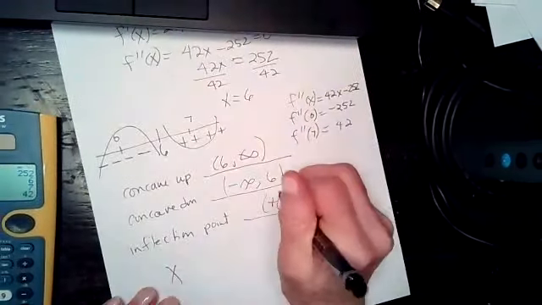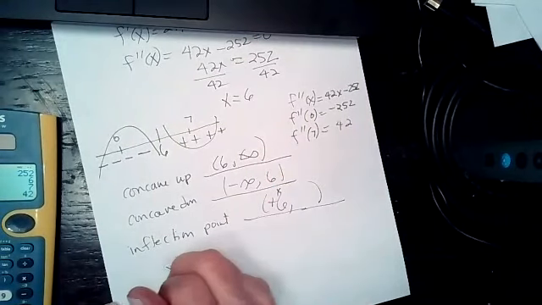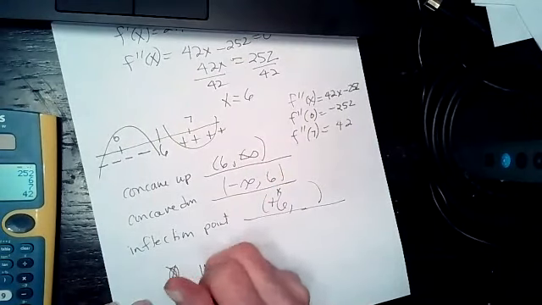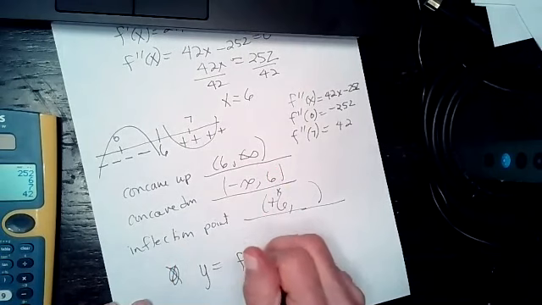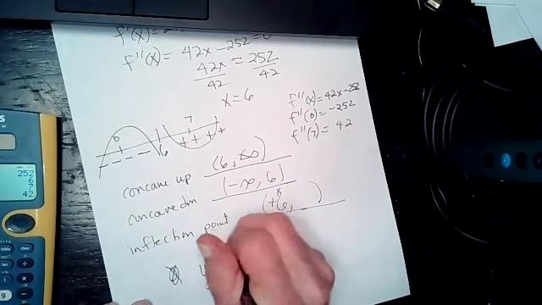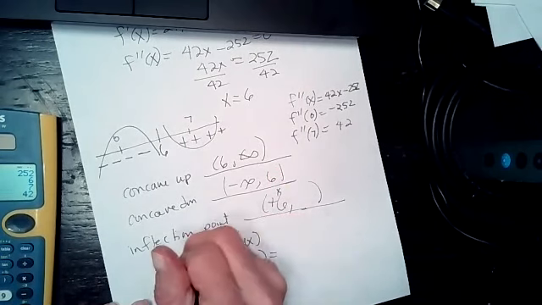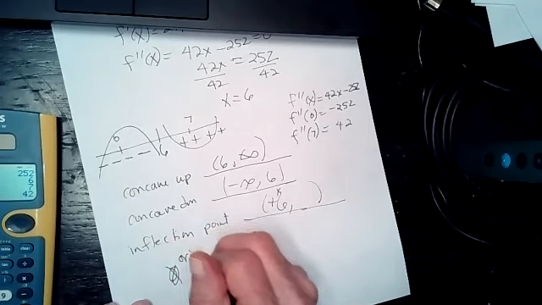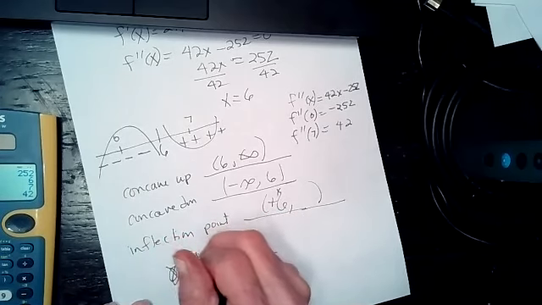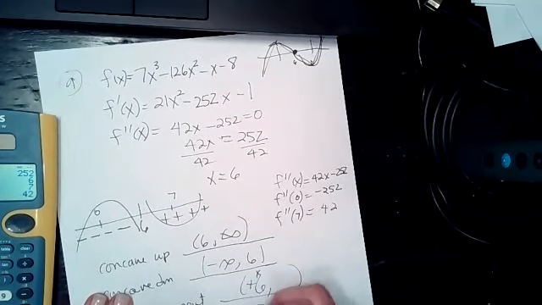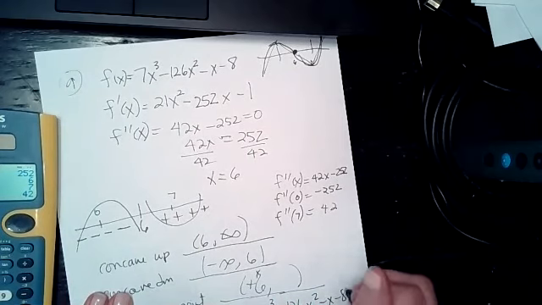So I find my y, there's my x, my y is going to be f of 6, right? So I go to my original to find the y part of any point. My original function is 7x cubed minus 126x squared minus x minus 8.